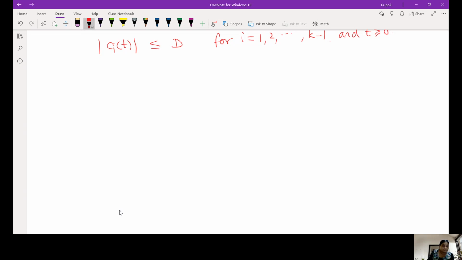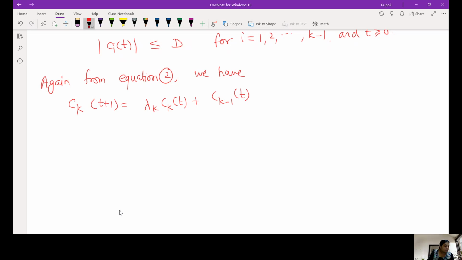Again from equation 2 we have Ck(t+1) = lambda k Ck(t) + Ck minus 1 of t, and Ck(0) = 0.